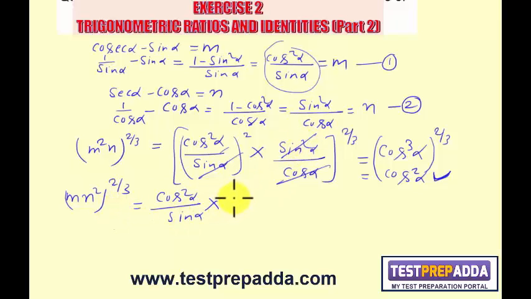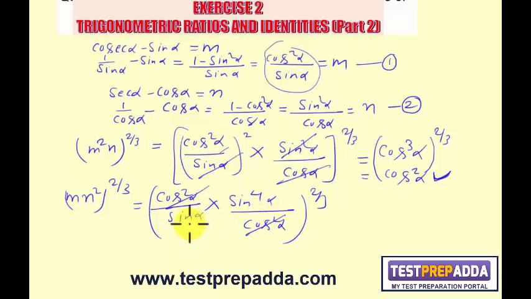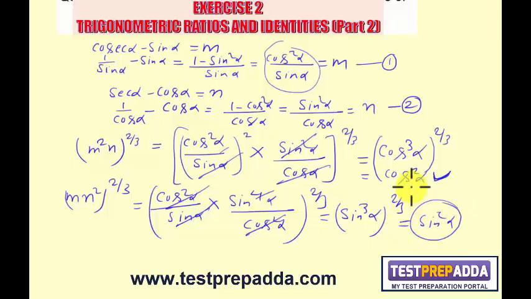If I do that, it becomes sin to the power 4 alpha upon cos square alpha, whole power 2 by 3. Now you can see cos square alpha will get cancelled, sin alpha will cancel one sin alpha, it becomes sin to the power 3 alpha to the power 2 by 3. You can clearly see it is actually sin square alpha. Earlier it was cos square alpha.